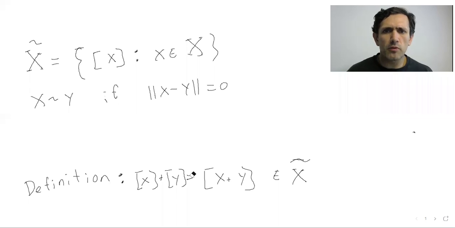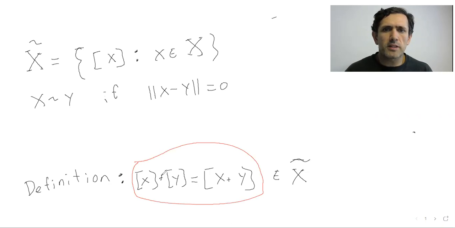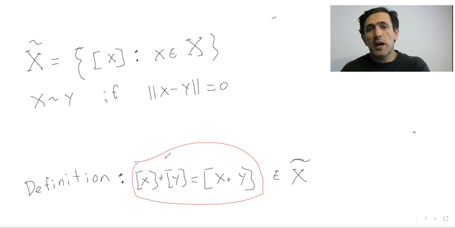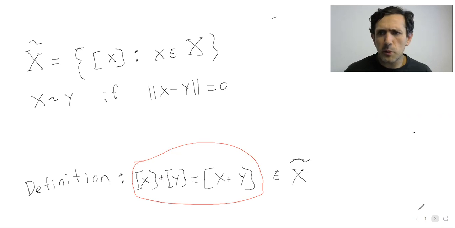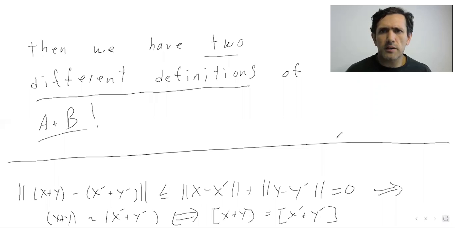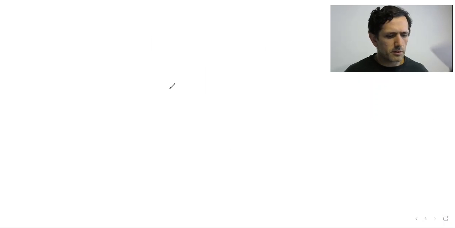You can't prove this. It's a definition. You can't prove something that you're defining. What I'm circling, you cannot prove, because it's how I'm defining it. This plus here is meaningless because I haven't defined it yet. So hopefully that clarified things a bit.